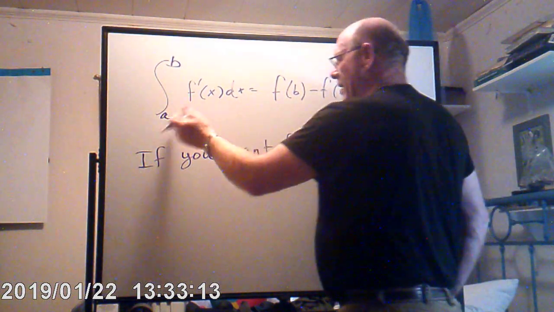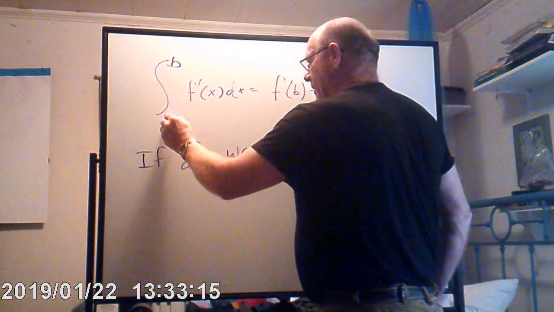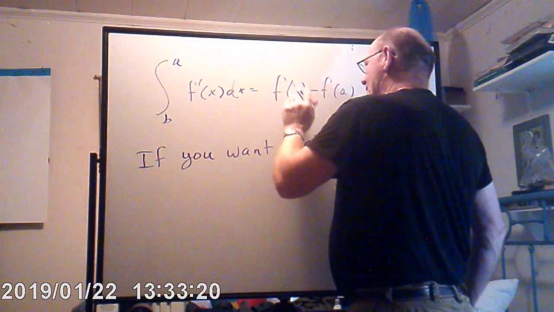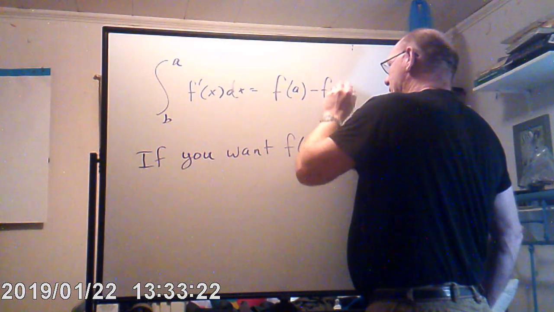And of course, in our case, we had it flipped backwards, didn't we? So in this case, it would be f at a minus f at b.